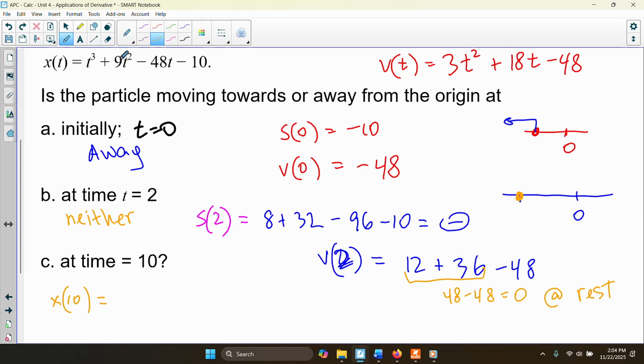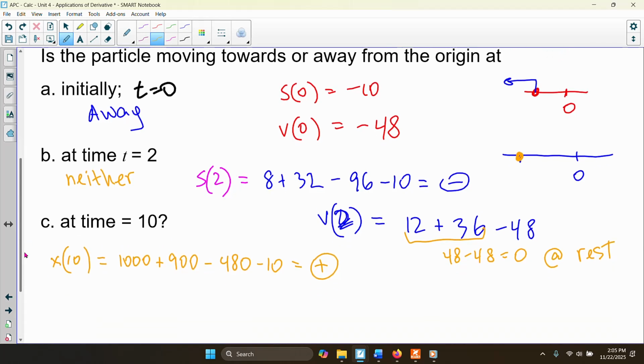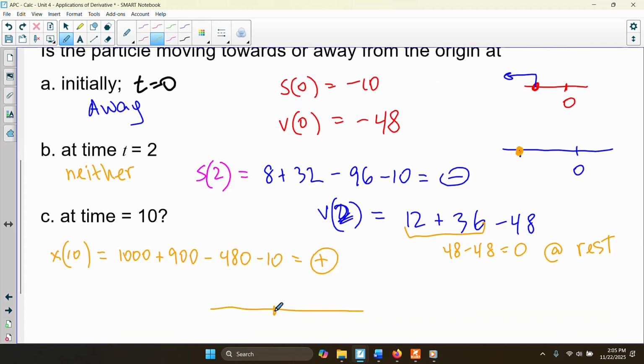So this is going to be 1,000, plus 110 in here, that's 100, so that's 900, minus 480, minus 10. So clearly this is positive, right? Like 1,000, this is a positive position.